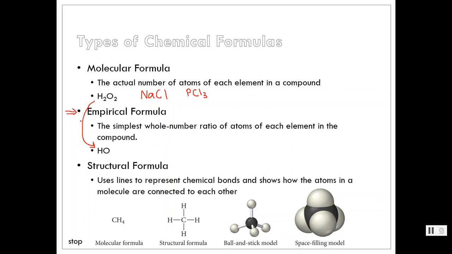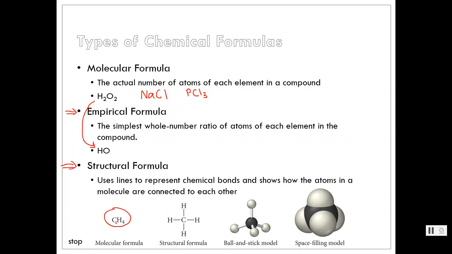Now, both molecular and empirical formulas are important, but neither one of these says anything about how atoms are attached to each other in a molecule. That kind of information, how atoms are attached, is seen in the structural formula, where we either use lines to show bonds, or how atoms are connected to each other, or we use a space-filling model. So for example, CH4 is a molecular formula. It's also an empirical formula.